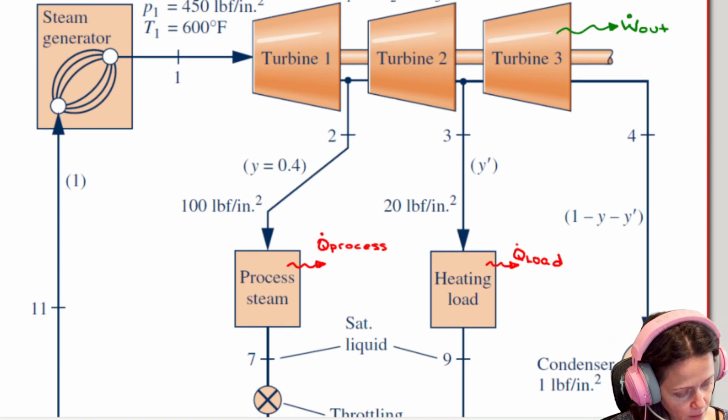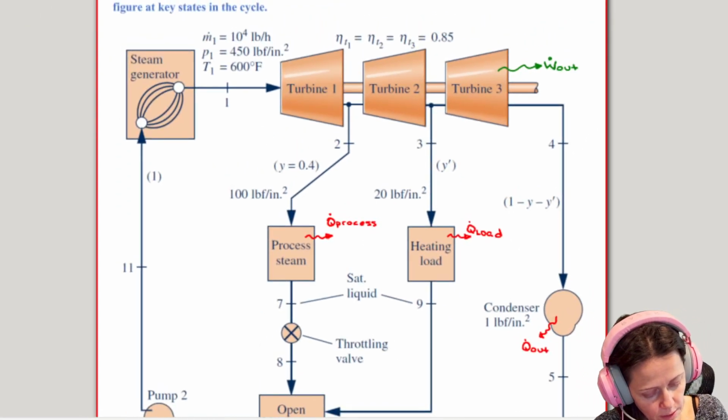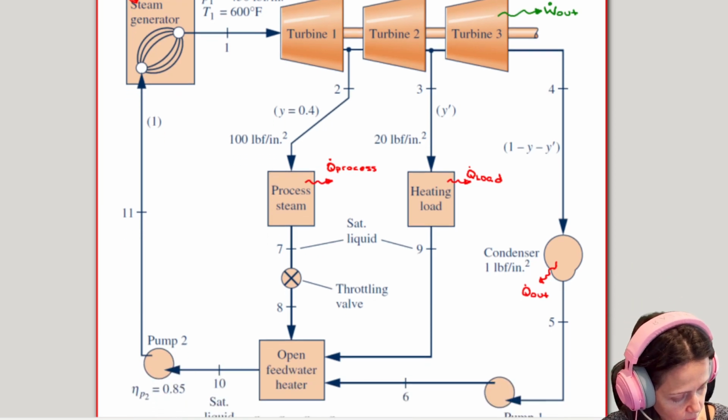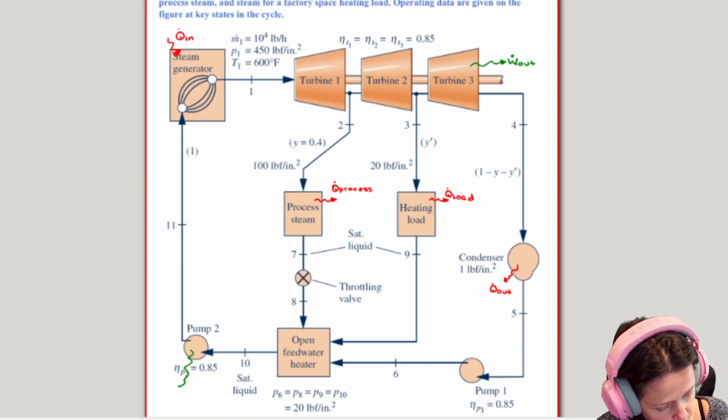We also have a condenser here, so there's going to be some Q dot out here. And then there's a steam generator, the Q dot in. Got some pumps here. There's a pump.